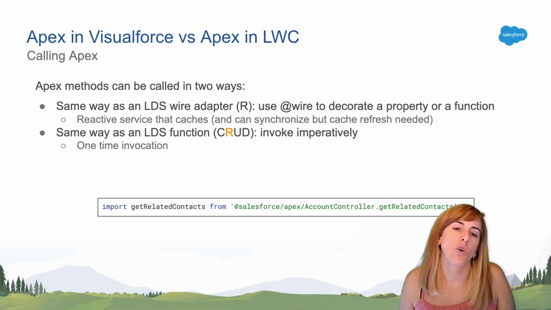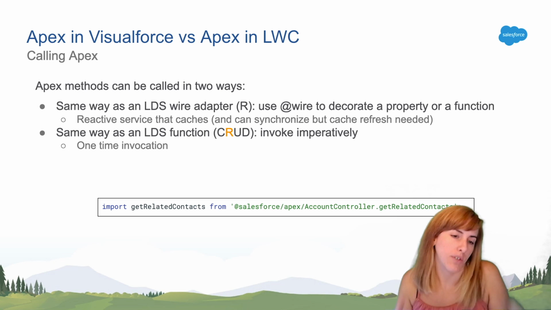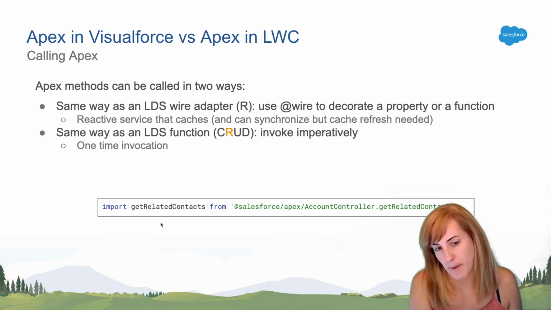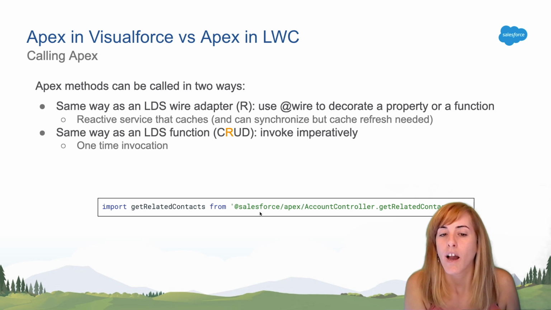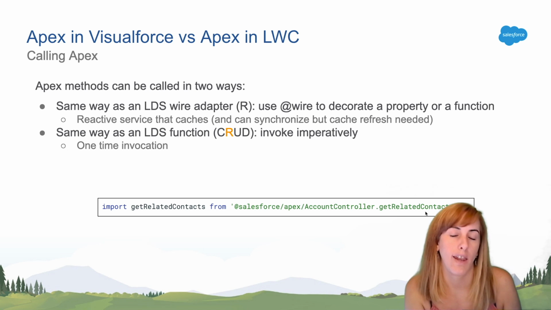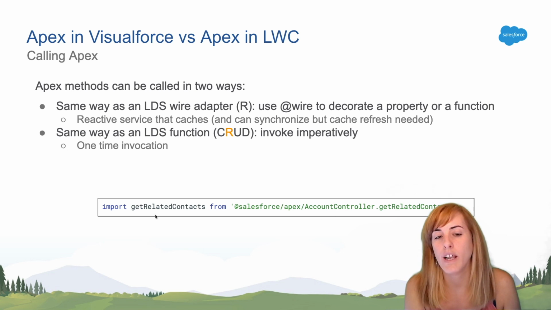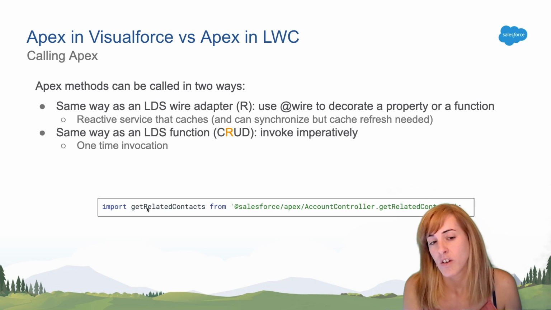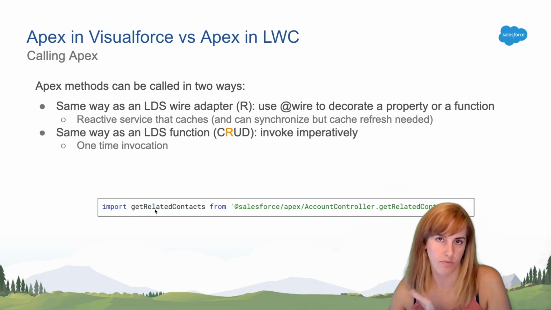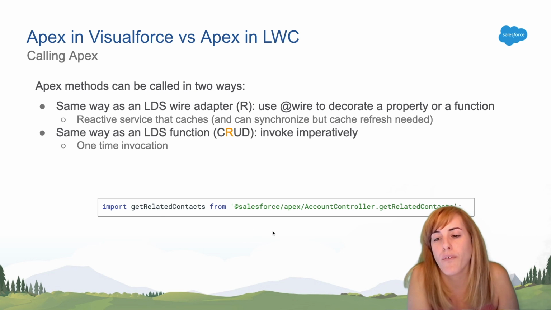Okay, so what you have to do is to import the Apex methods in your component, and you do that by importing them from Salesforce Apex, the name of the controller and the name of the method. These are really functions that give you access to the Apex method, right? But it's really a JavaScript function.